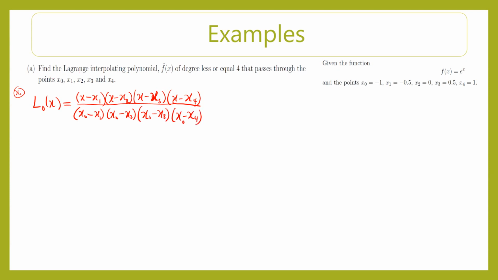Recall that x0 is missing because we are finding L0, okay? And at the denominator, this thing is the same all through. The only thing that is different is the first part of the bracket here, and that is x0, the missing guy on the top.